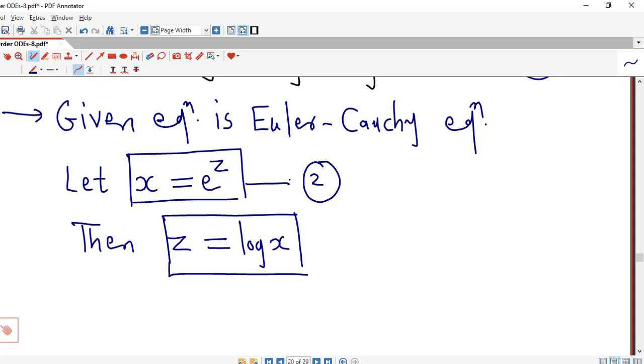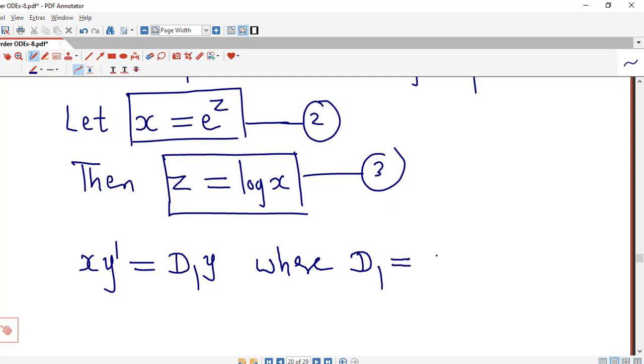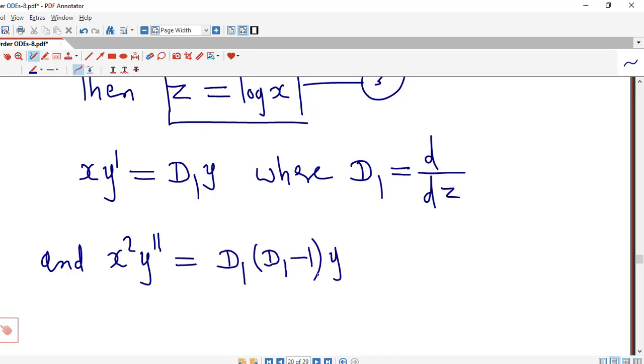So z is log x, we can give this number 3, and as we have discussed, x y' will be equal to D1 y, where D1 is nothing but the derivative with respect to z, and x² y'' will be equal to D1 (D1 − 1) y.